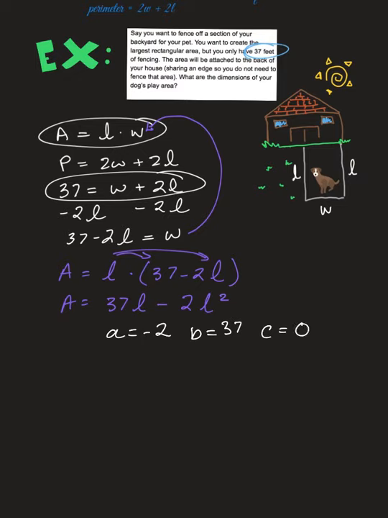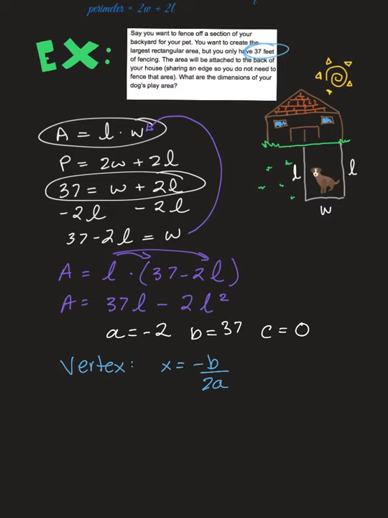When we visually think about a quadratic, the maximum part of a quadratic function is the vertex. Remember that the vertex formula is x is equal to -b over 2a.